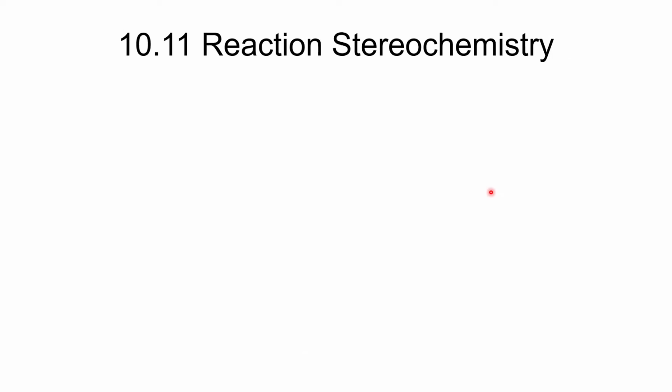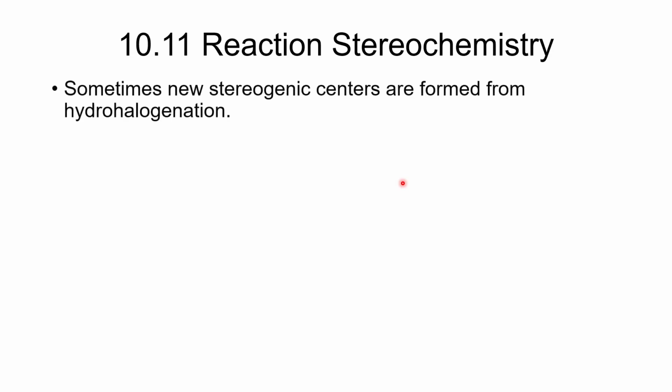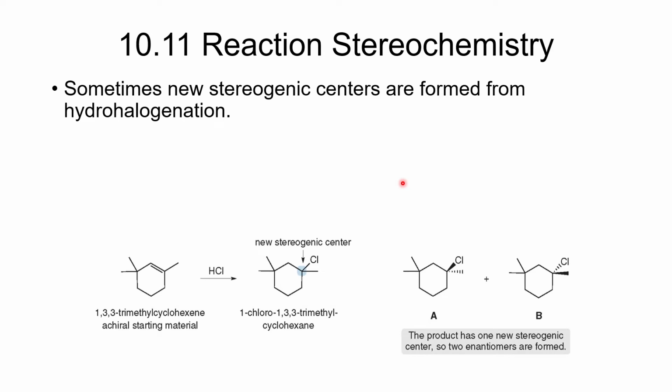So let's look at reaction stereochemistry. The reason we have to do this is because when we're doing hydrohalogenation, sometimes we're going to create a new stereogenic center. Let me show you an example where a new stereogenic center is created.